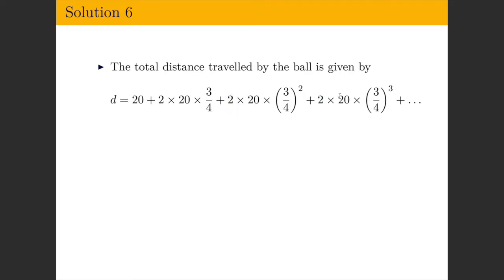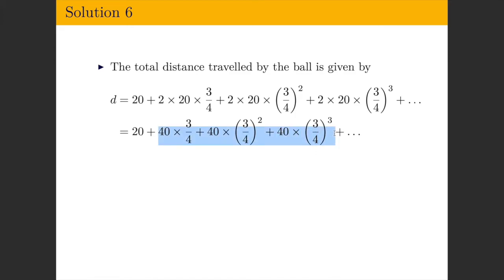And of course this process continues on for infinity theoretically. Then what I'm going to do is rewrite all these 20 times 2's as 40's. And you'll notice now that this part of the summation, 40 times 3 on 4 plus 40 times 3 on 4 squared plus 40 times and so on, very much looks like the sum of a geometric sequence.